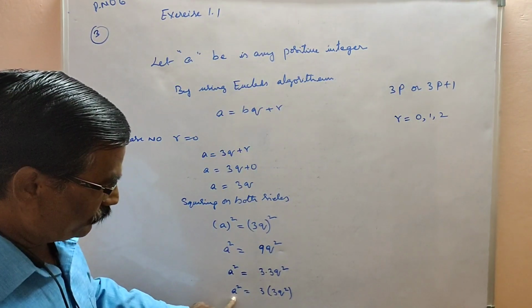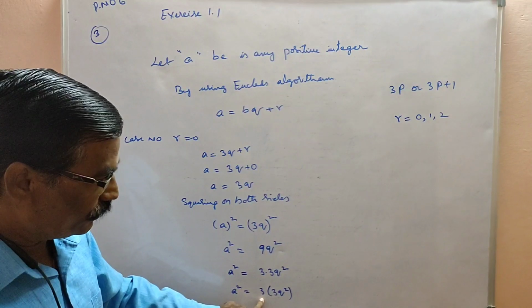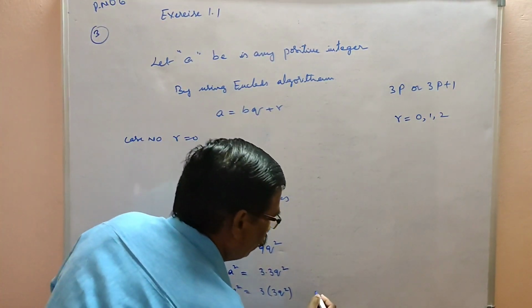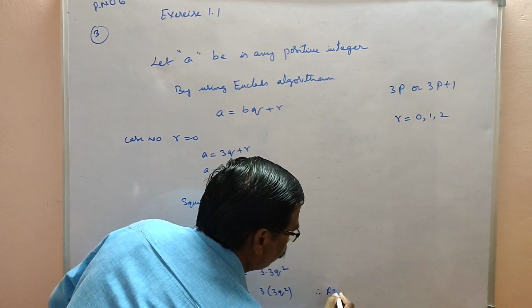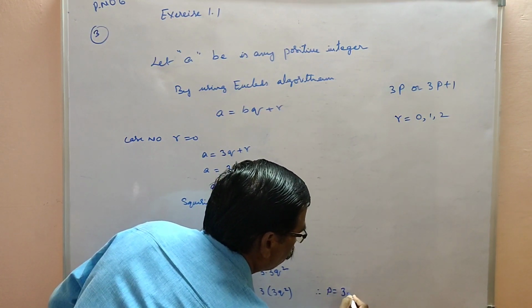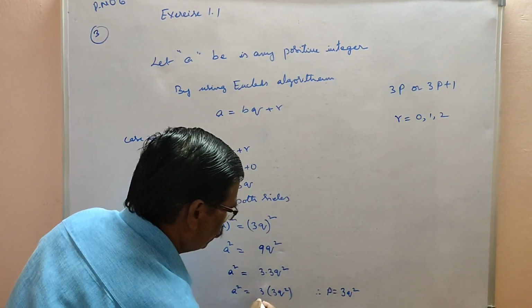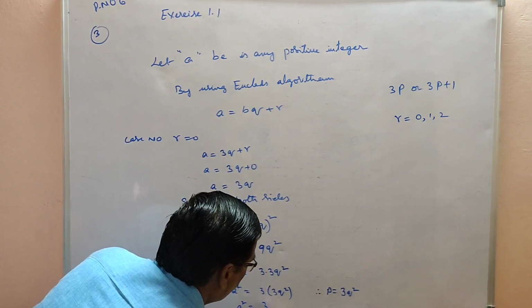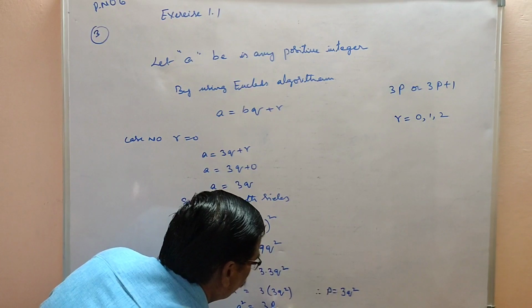So I am writing a square as it is, equal to 9q square, and we can write 3 into 3q square. So a square equal to 3 times 3q square. Here p is 3q square. Therefore p equal to 3q square. So a square equal to 3p.